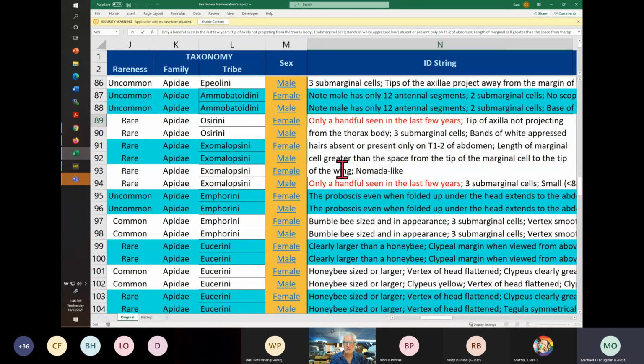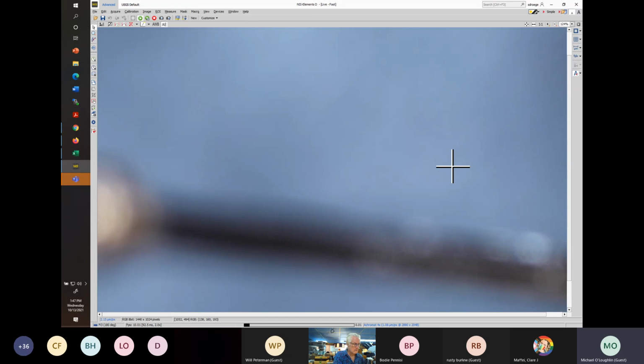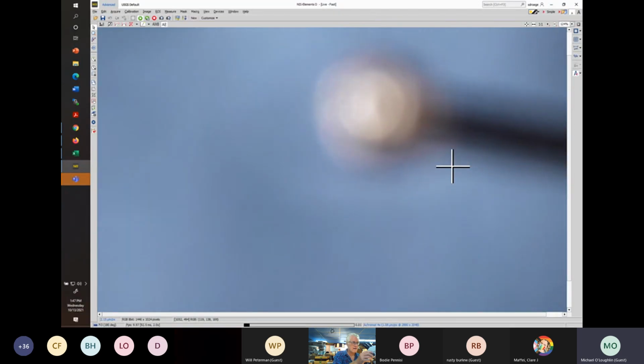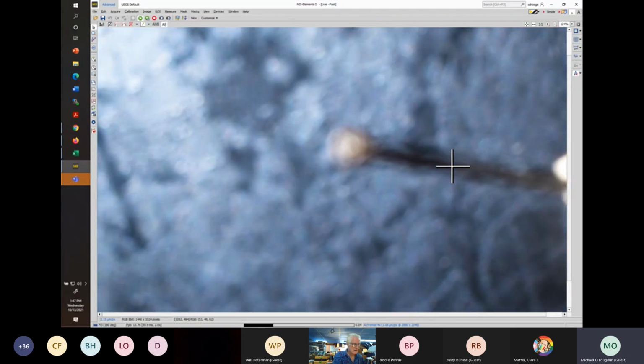Length of marginal cell greater than the space from the tip of the marginal cell to the tip of the wing, and nomada-like. I would suspect that the hind end of the specimen is also illuminating. Although I did not see that in any of the guidance on identification.